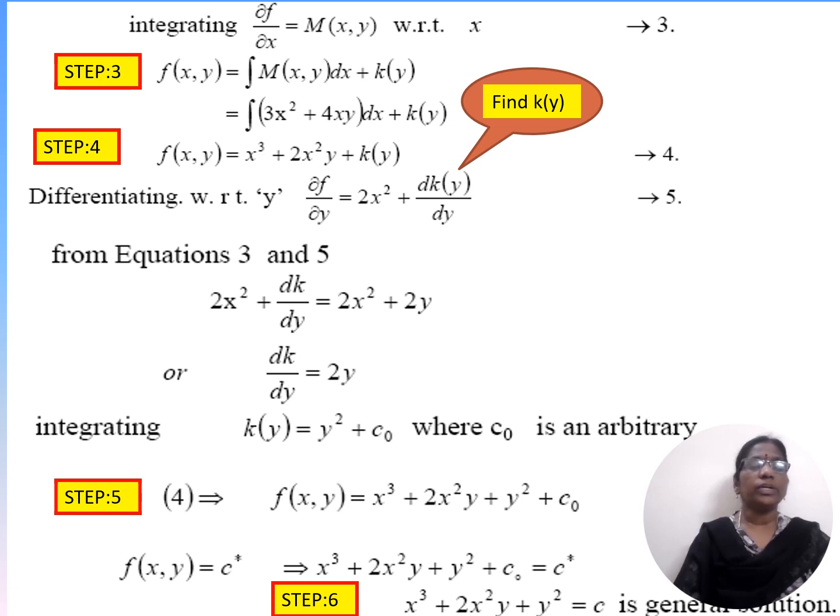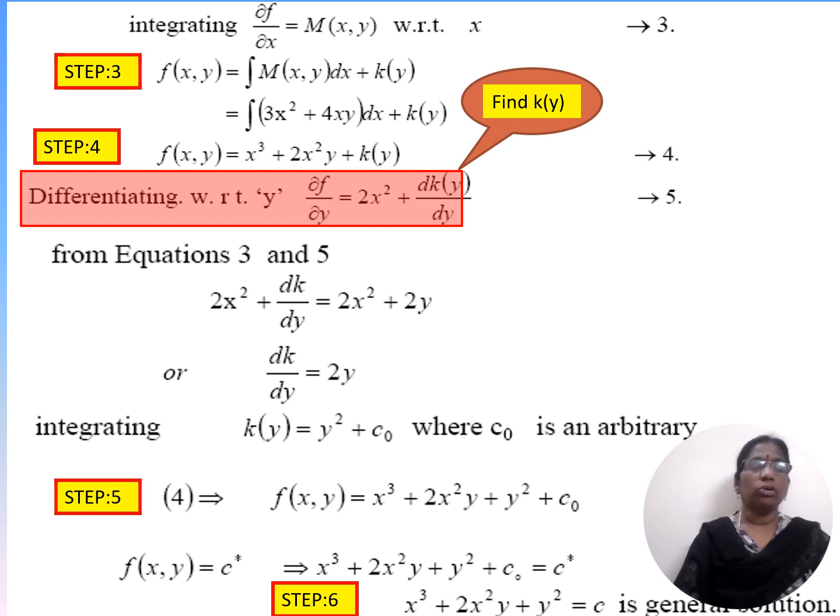Differentiating this with respect to y, we'll get ∂f/∂y = 2x² + dk/dy. Now from equations 3 and 5, we have 2x² + dk/dy = 2x² + 2y, or dk/dy = 2y.